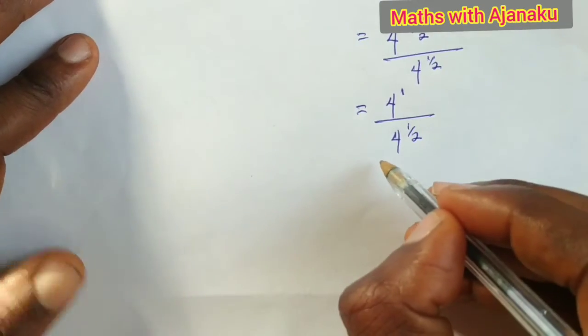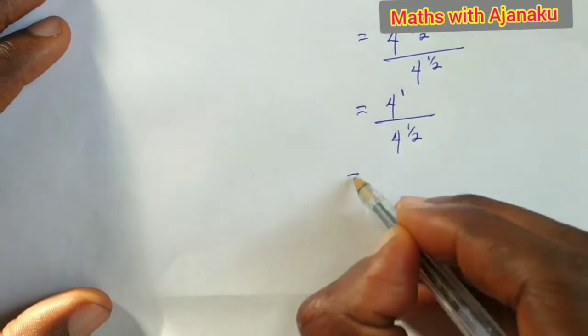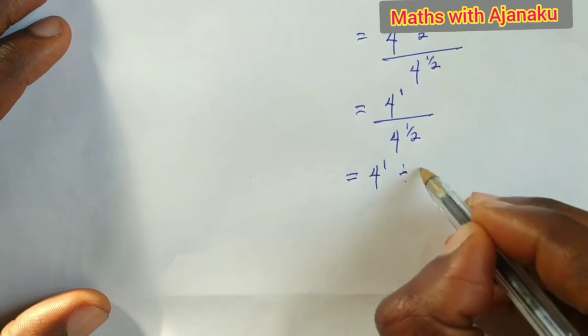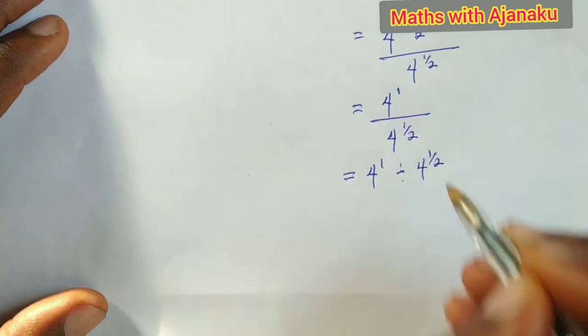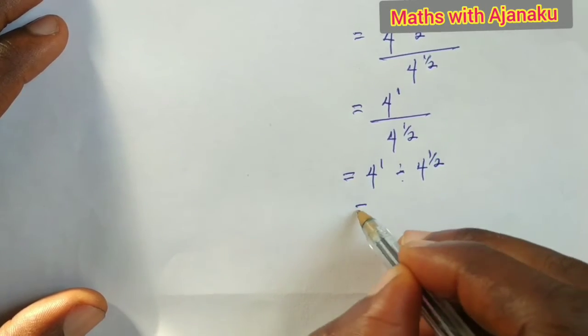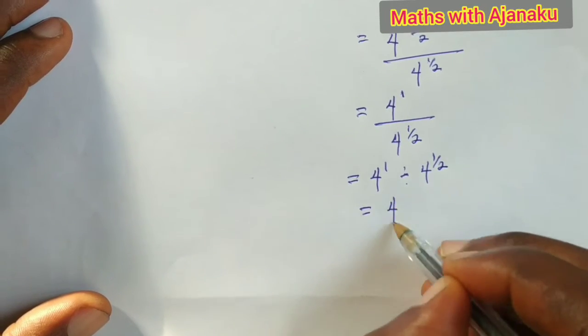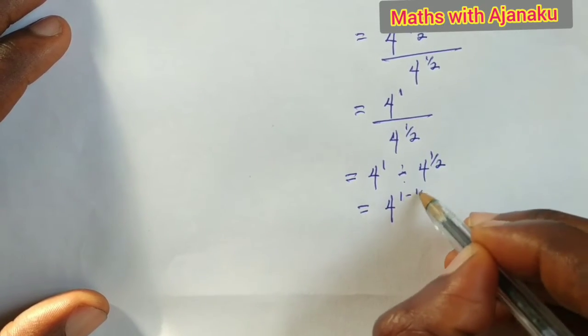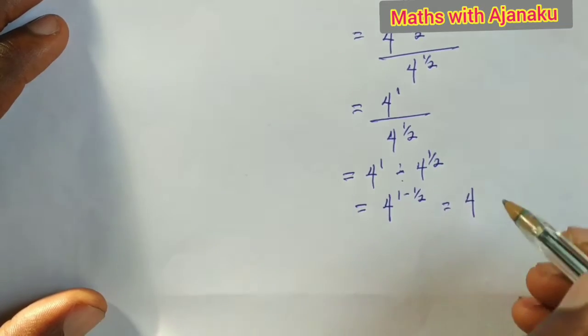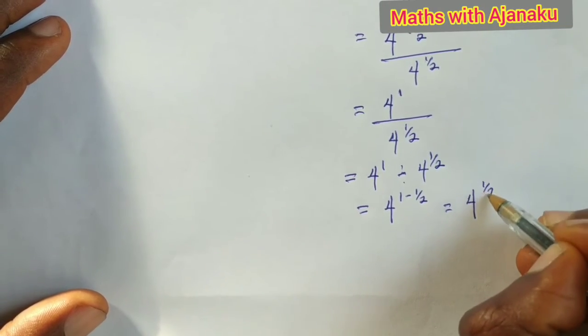Now this brings us to the second rule, where when you have two numbers dividing, you subtract the powers from one another, meaning you bring one of the base, then subtract half from 1, where this becomes 4 to the power 1 over 2.